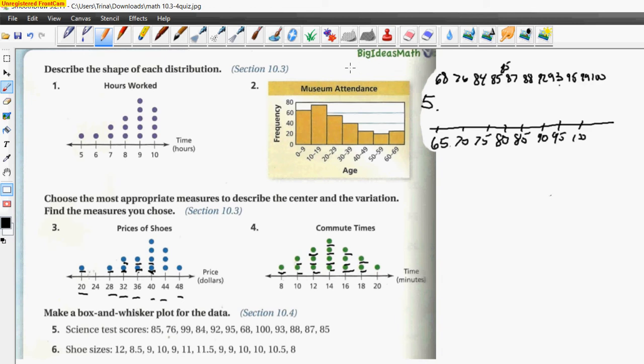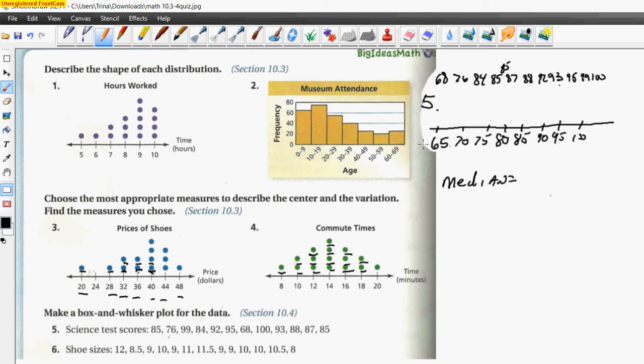So if we add that, let's count that right now. 1, 2, 3, 4, 5, 6, 7. So the numbers are 87 and 88. Okay? 87 and 88. We add those numbers up and then we divide that. What do we come up with? Our median. Let me write it down for you so you all will know.